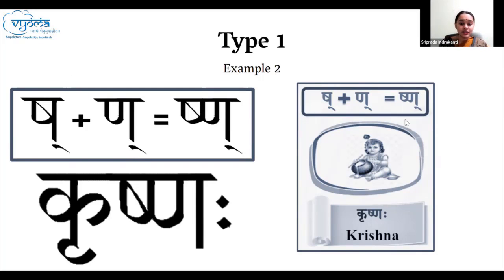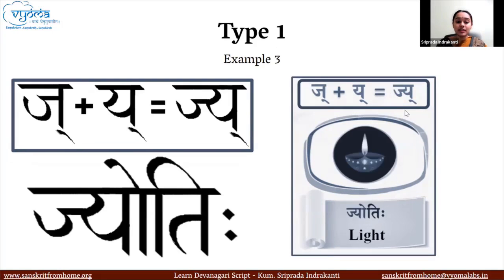Okay, so that is Krishna. The third example is Jyotihi, j and y. So first, I'll just show you with my cursor. So we write the j, and then we write y, and then o. So jyo, the okara. Try to recollect these things. And then first we have to write the letter, save space for writing this line, because this is ti.